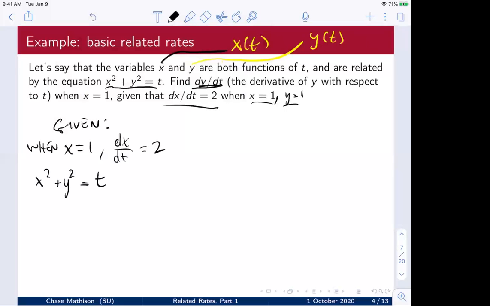So when x is 1 and y is 1, we have dx/dt equal to 2. That's what's given. And what do we want to find?